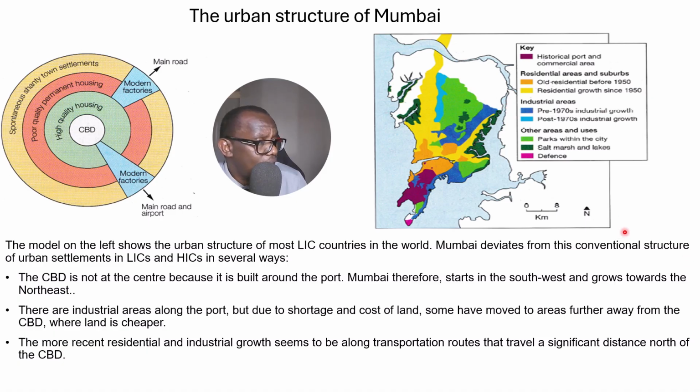And then the other thing that we need to mention here is that there are industrial areas around the port as well, but due to shortage of land and the cost of the land there, some of those industrial areas have moved to where the land is cheaper. If we look here on the key, the industrial areas are the ones shown in blue and light blue.